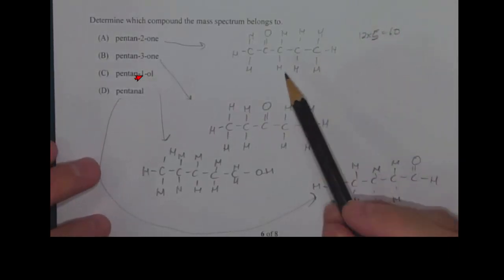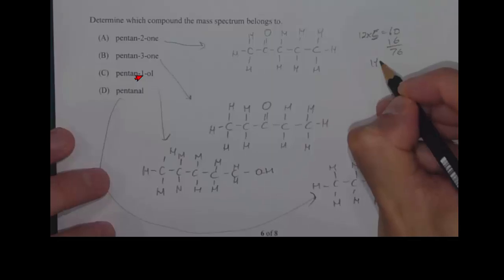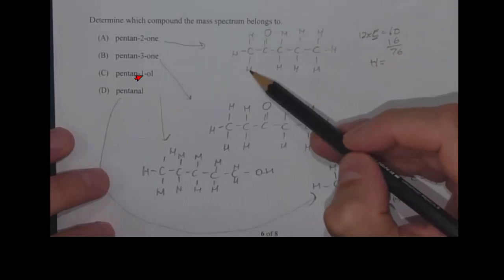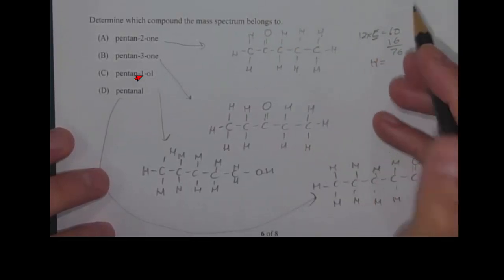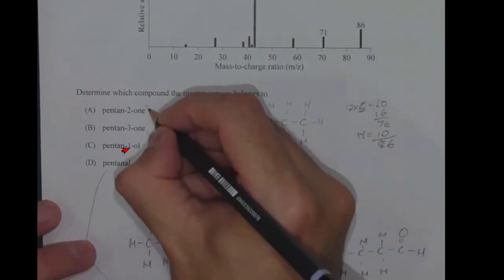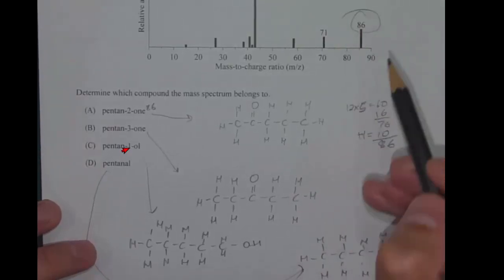So they're all 60, plus they've all got oxygen, so that's 16. So they're all 76, and then the hydrogens are 2, 4, 6, 8, 10, which equals 86. So that one's 86, so that one matches.